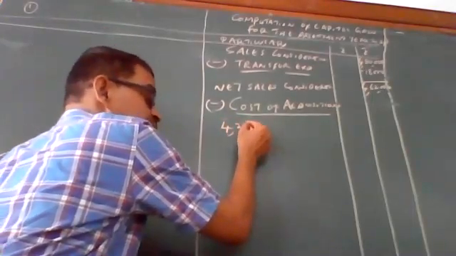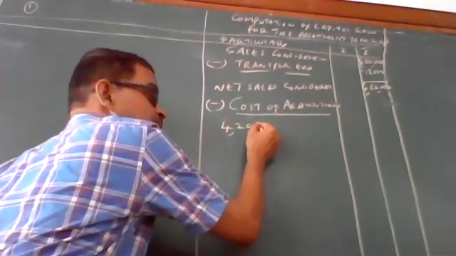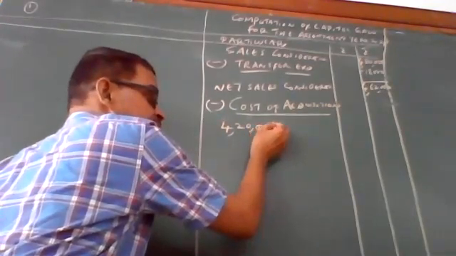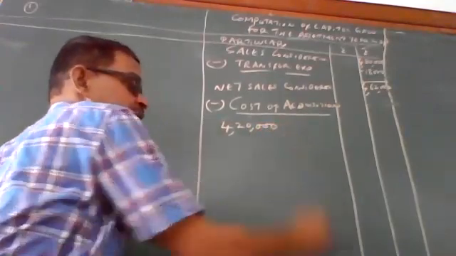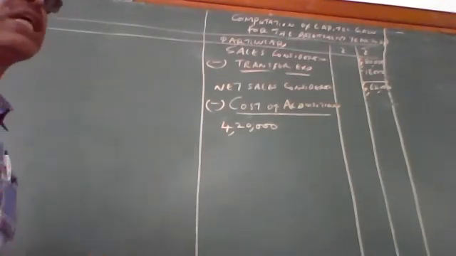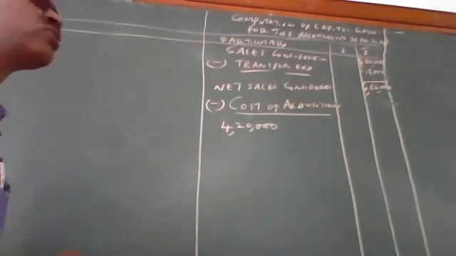Now, this 10,000 should be added to that property. This is a capitalized expenditure. Why are you adding 10,000 to the cost of the property? Because it's brokerage paid to purchase the house, a capitalized expenditure added to the cost of the asset.